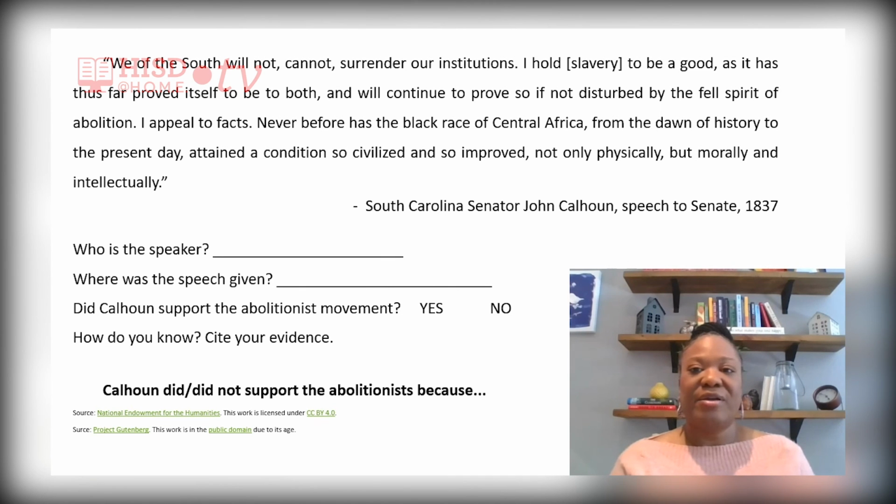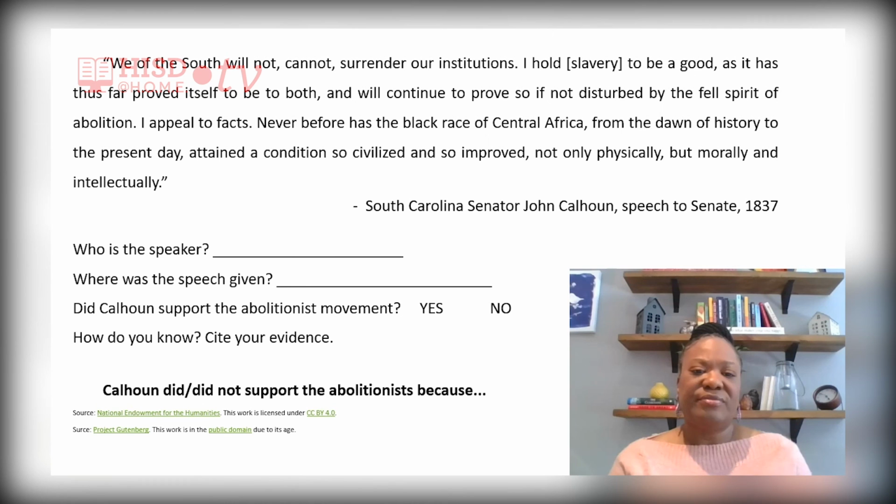He says in his speech that we of the South will not, cannot surrender our institutions. He thinks that slavery is good, that somehow the people who were brought here from Central Africa are living a better life, that their condition is improved, that they live in civilization, that they have been improved morally and intellectually.